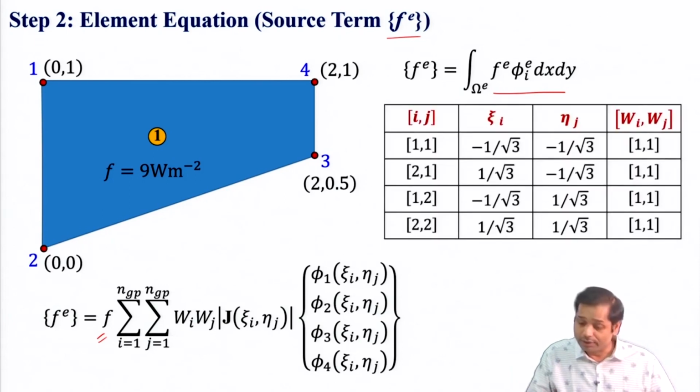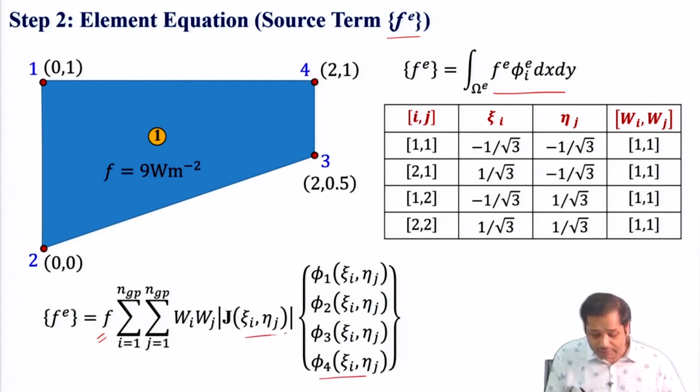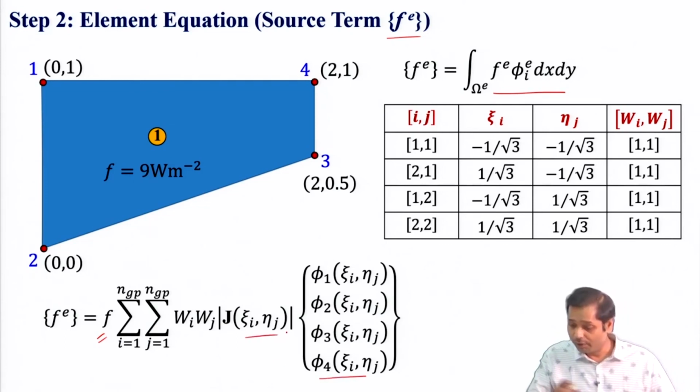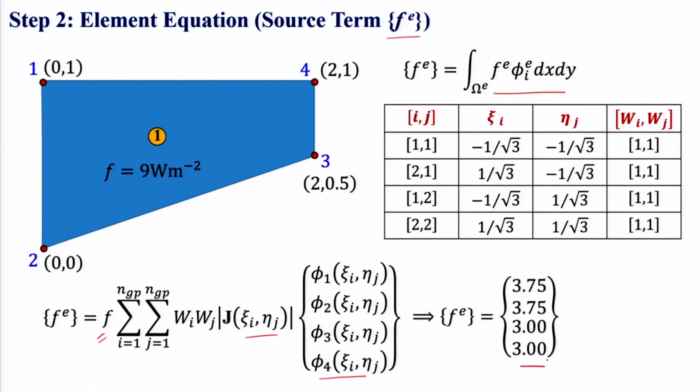These are the quadrature points we have just discussed. Evaluate at all these quadrature points, multiply by the weights, and then sum, and we get the result. So this is our FE. This is the source term.